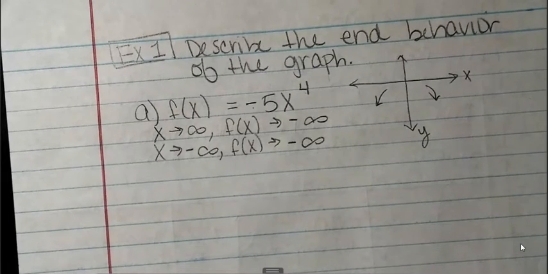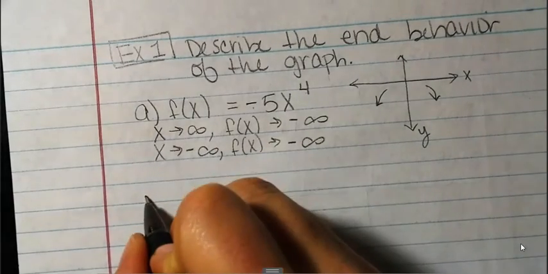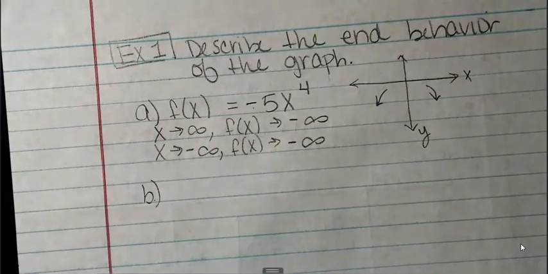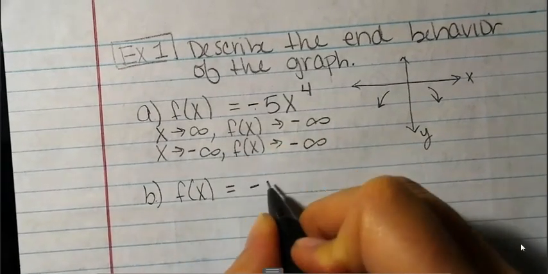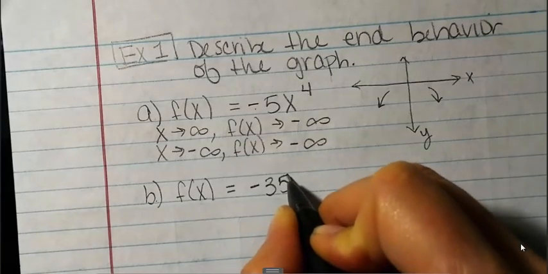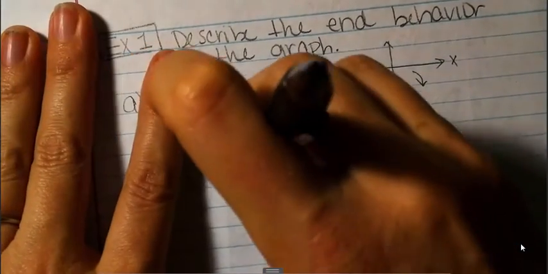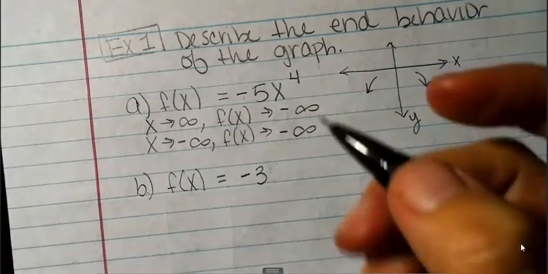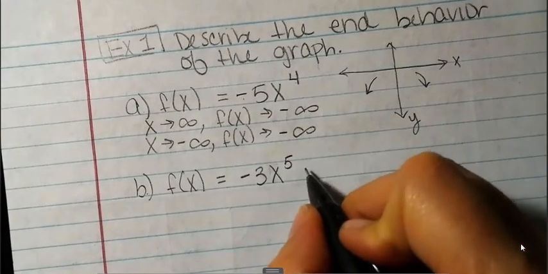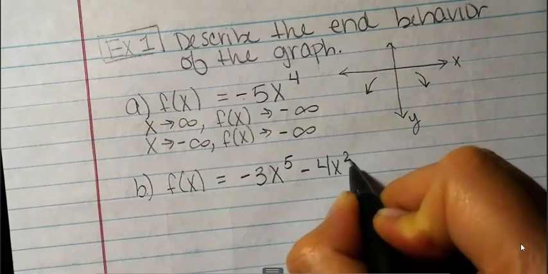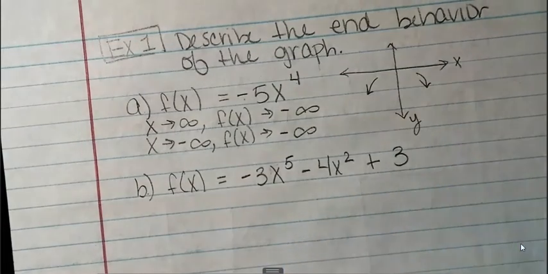All right, let's try another one. How about f of x equals, we'll make this one a little bit more challenging, negative x to the 5th minus 4x squared plus 3.